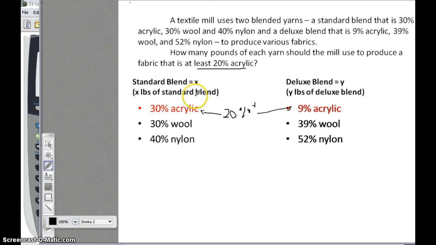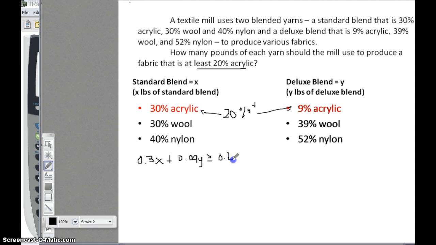Now I have my X and my Y, and I have the percent, so I'm going to convert percents to decimal. So 0.3, and "of" is multiply, so I multiply that times the X. I'm going to add to that the other blend, so 9%, make sure you move your decimal two places, 0.09, and that is of the Y, so times Y. This has to be greater than or equal to 20%, so 0.2.